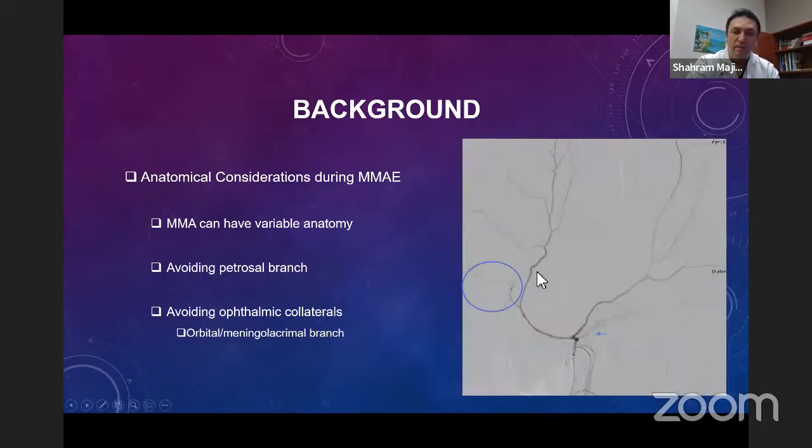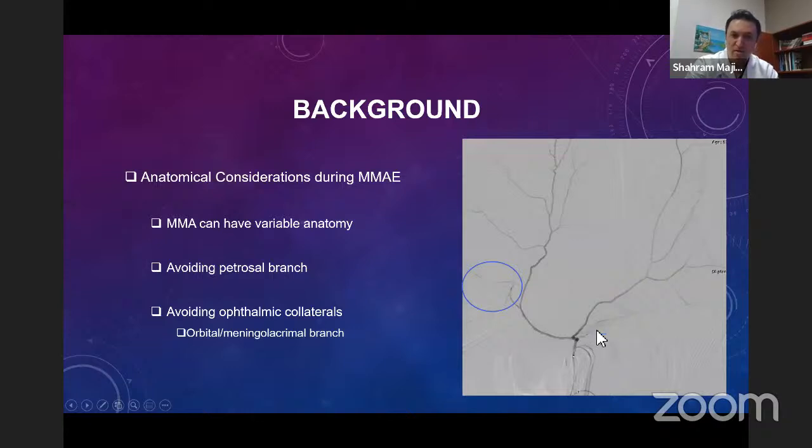So after identifying the middle meningeal artery, we do a superselective microcatheter injection of the artery. Here in this lateral view of the middle meningeal artery, you see the frontal branch of the middle meningeal artery and also the posterior branch of the artery. There are two branches that we study carefully regarding dangerous anastomoses. One is here, as you see the arrows showing this haziness.